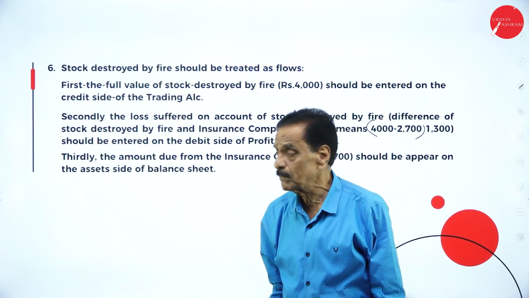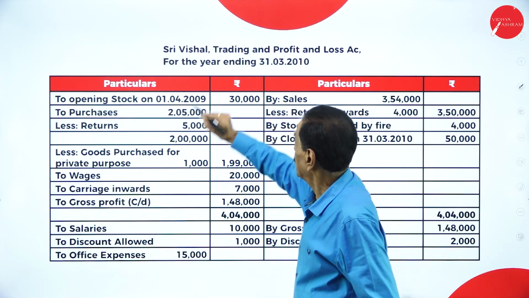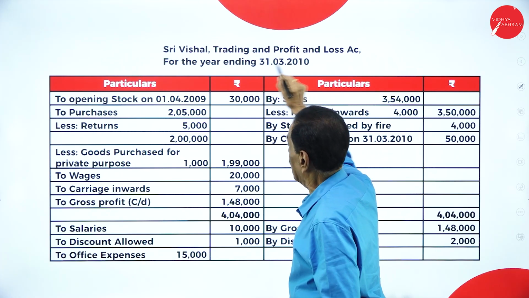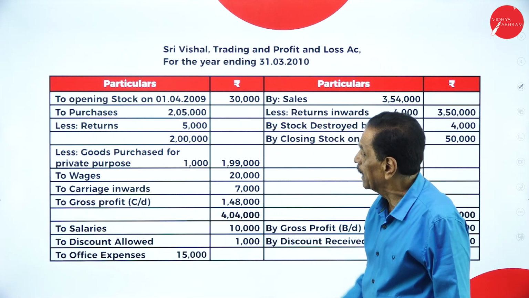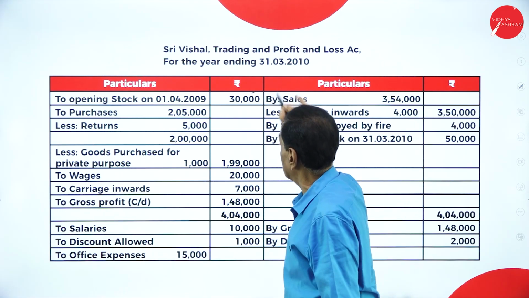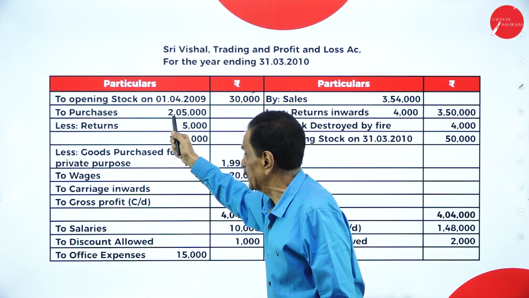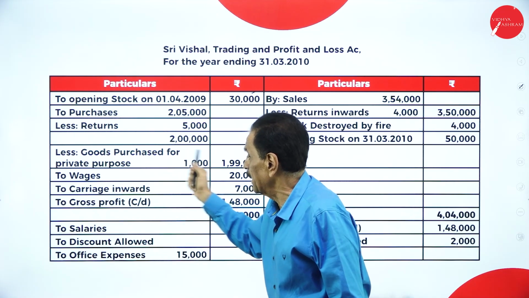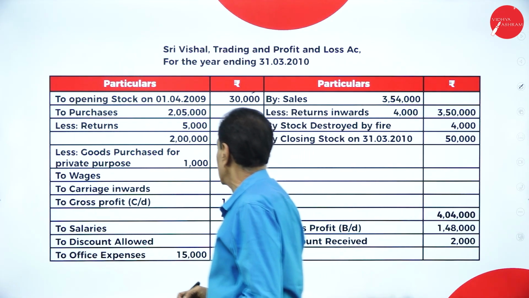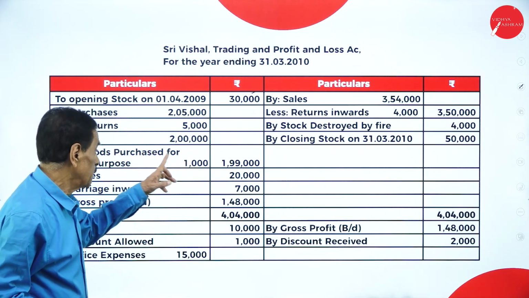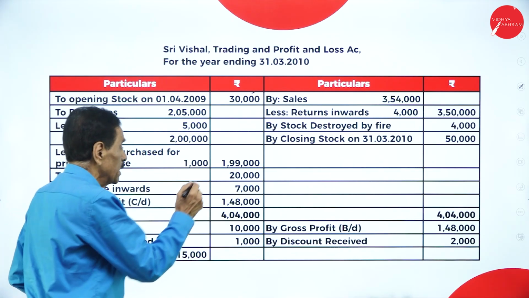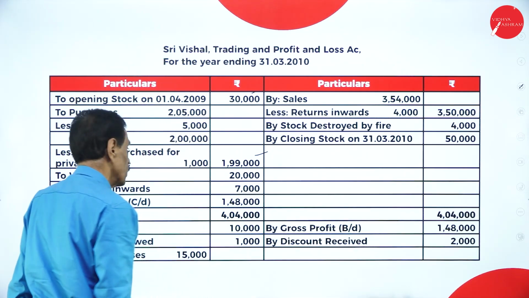We'll move on to the problem now. It's the closing trading and profit and loss account of Sri Vishal for the year ending 31/3/2020. Opening stock is 30,000. Purchases minus return minus goods purchased for private purpose. If you deduct 5,000, real purchase is 2,000, personal purchase is 1,000, it becomes 1,99,000.